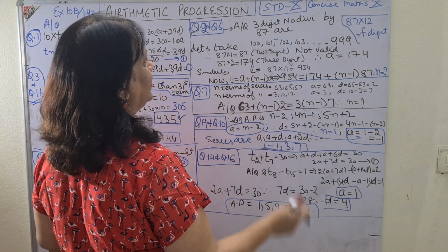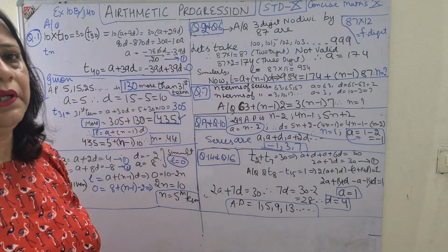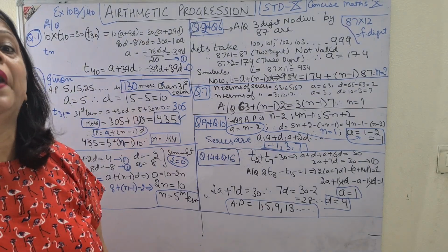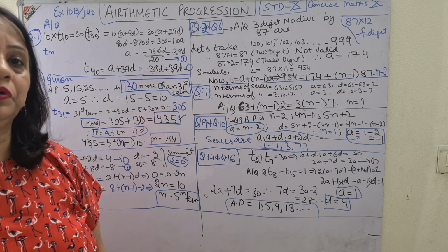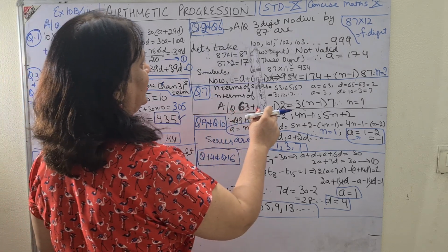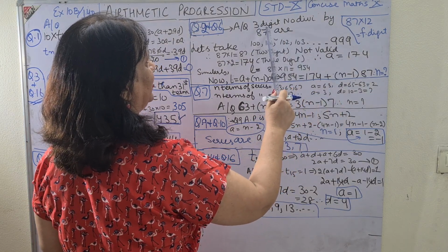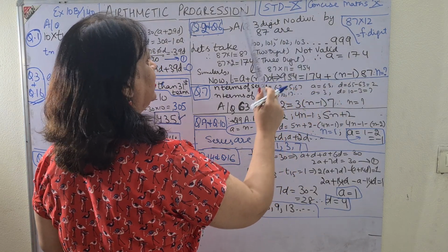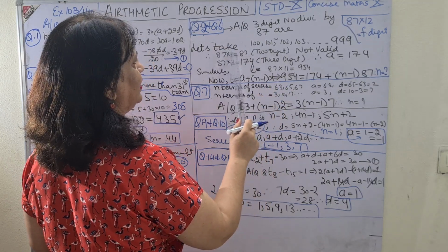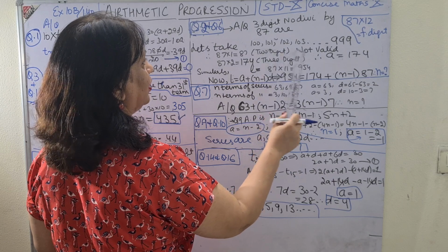How will you find it? See, he has said 3-digit number, and you know that 3-digit numbers start from 100 to 999. So I have taken it like that. Let us take 100, 101 up till 999. Since he has said it should be divisible by 87, let us see. 87 into 1, if I take, it is 87, but it is 2-digit, not valid.